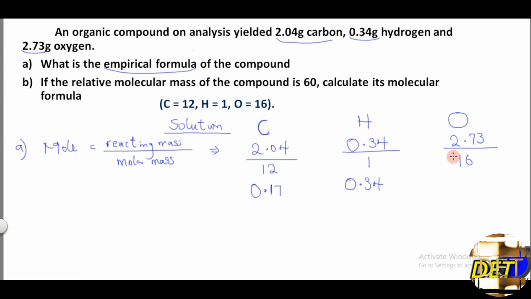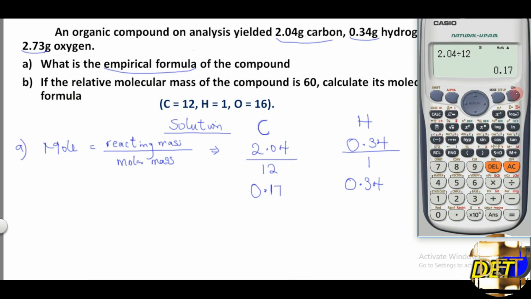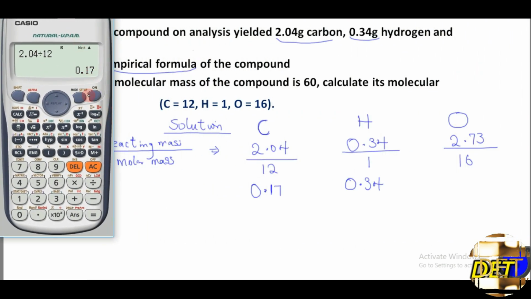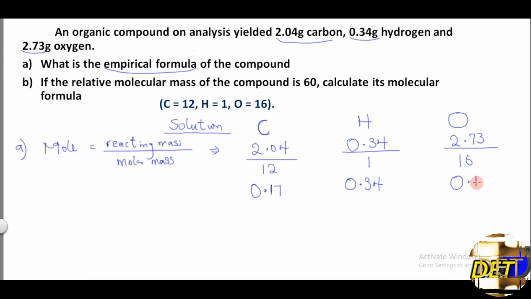That will give us 2.73 divided by 16, which is equal to 0.171, approximately 0.17.